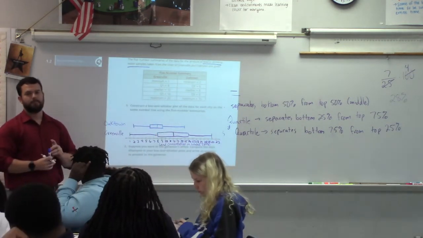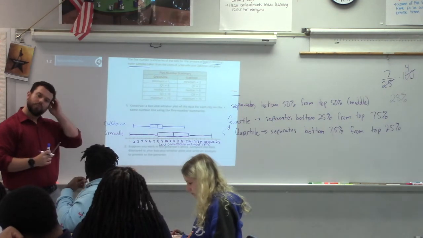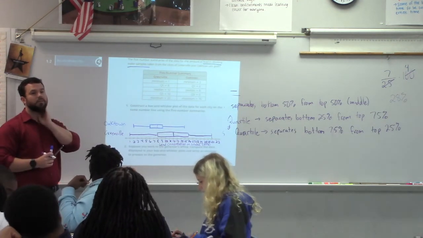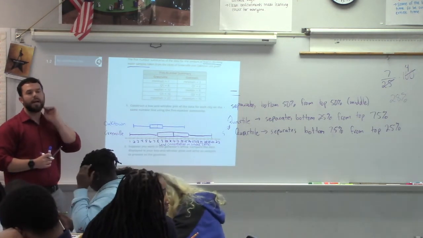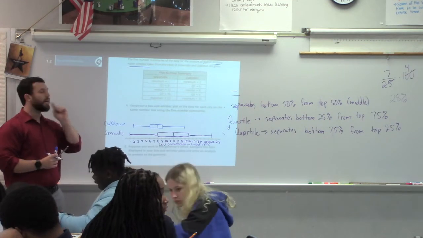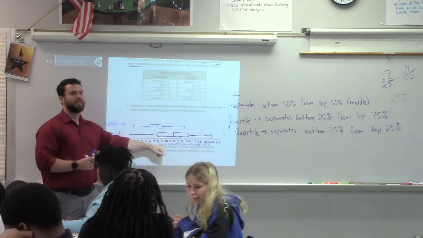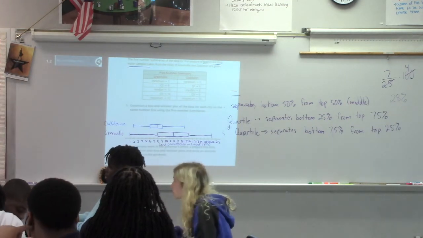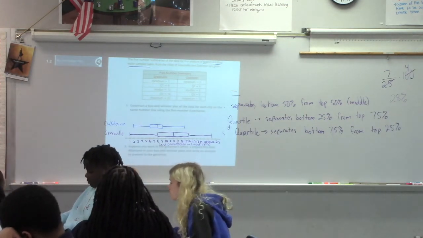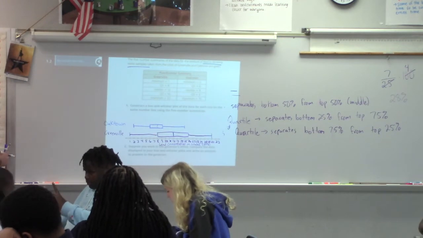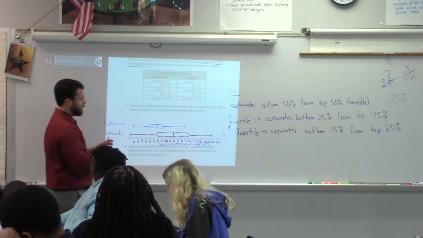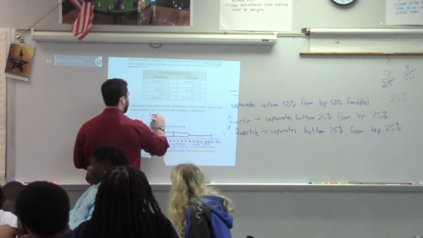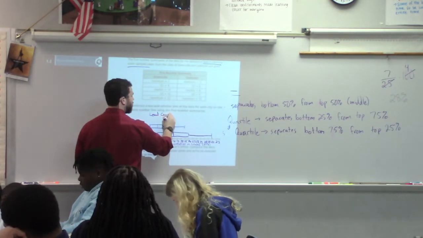Okay. Yes, ma'am. Oh, Maddie's talking. Say it again. I can't hear you. Yes, you can also put it above. It's traditional to put it under the axis, but I know that they did not make that axis. They didn't give you enough space. So yes, you could put lead. Say again.